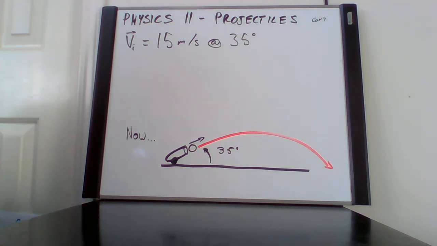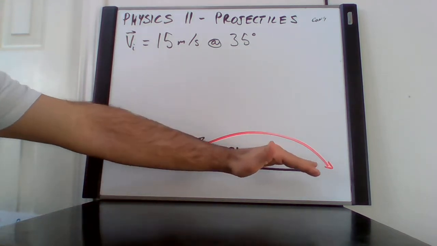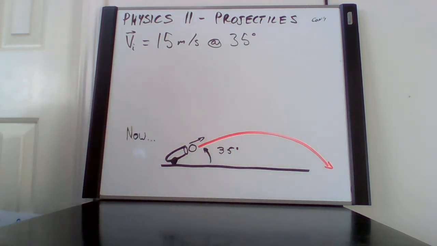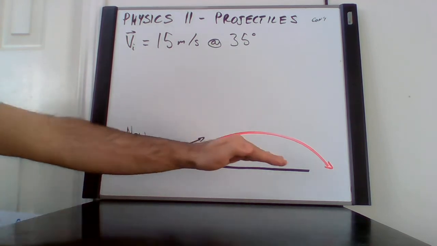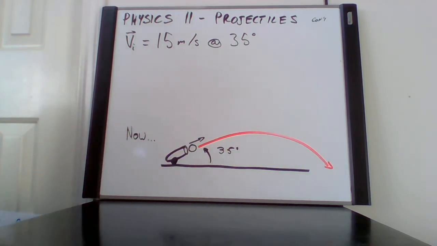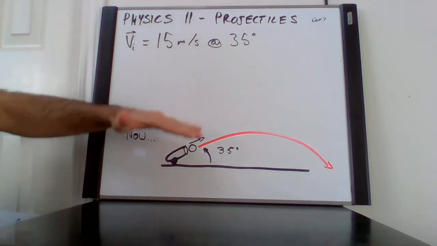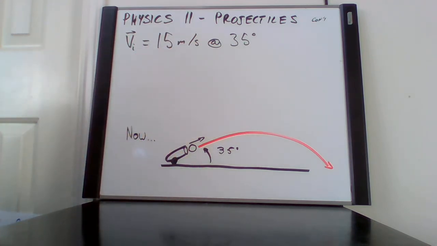So we want to understand how we can deal with this. Once again, we are going to have constant velocity in the horizontal direction. In our x direction, we have constant velocity, so that simplifies our formulas. But we've got this change in velocity in our vertical, in our y direction, because of that acceleration due to gravity. We're going to come back to this example here.